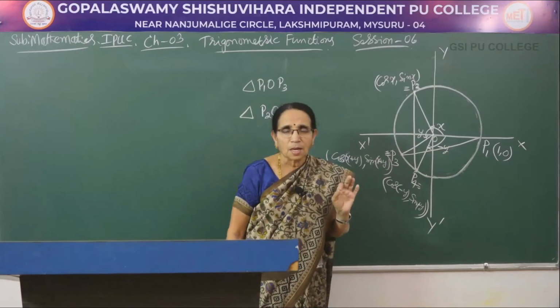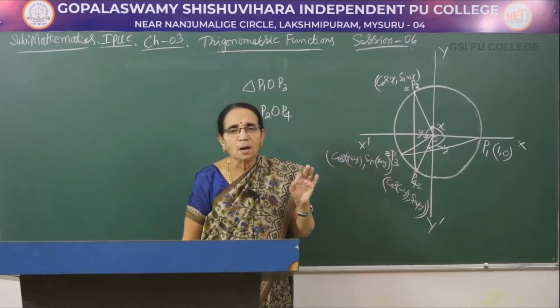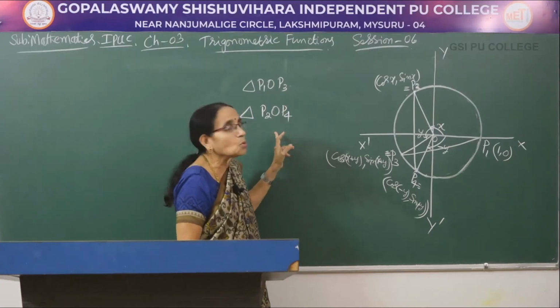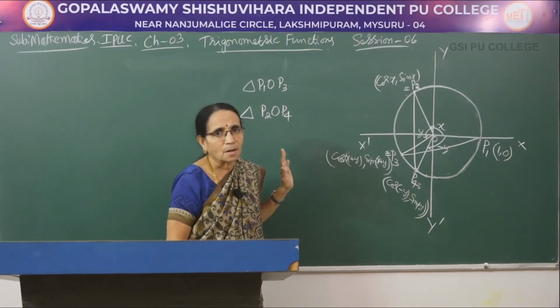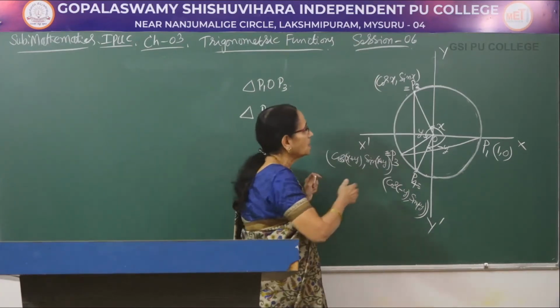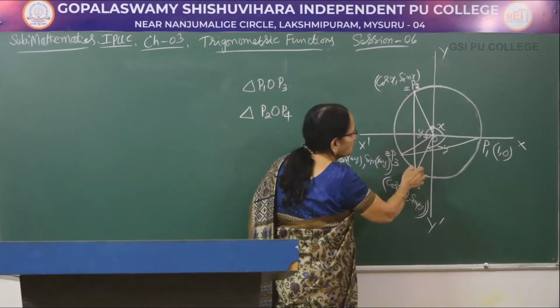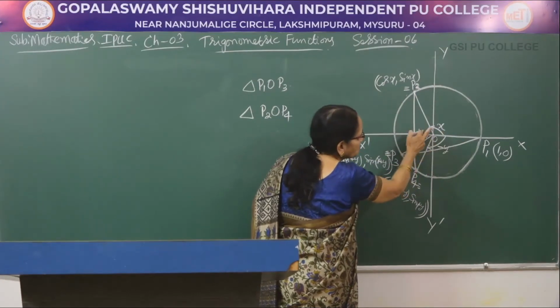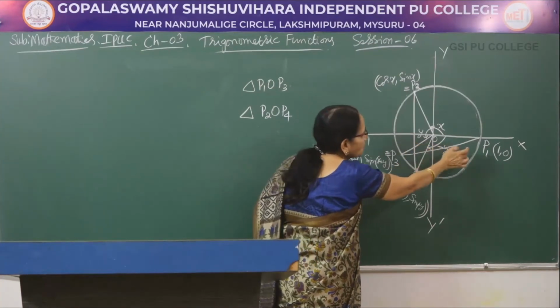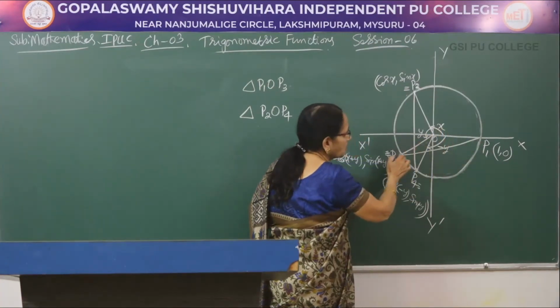So the first thing is the two radii of one triangle are equal to the two radii of the second triangle. Then look at the included angle. See here angle P2OP4, that is this angle, y plus this one, which I have not written anything. Now take the other angle P1OP3.